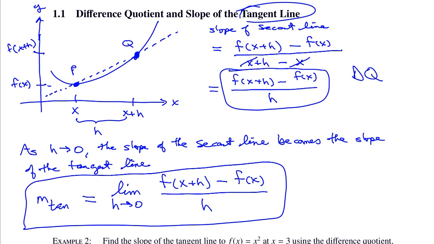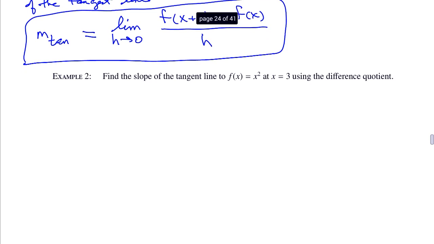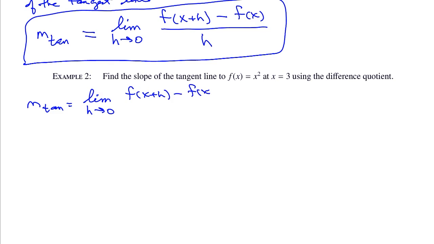Okay, let me show you an example. Find the slope of the tangent line of x squared at x equals 3 using the difference quotient. So, write out the formula for M-tan. That is the limit as h goes to 0 of f of x plus h minus f of x over h.